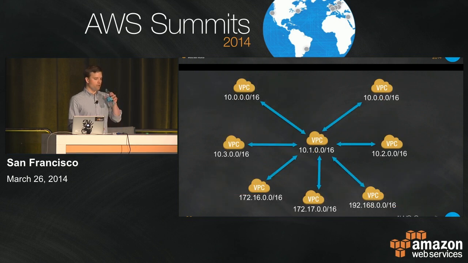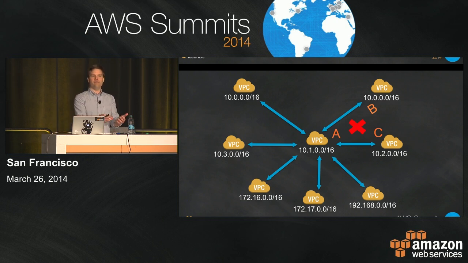So a few more rules of the road when it comes to peering. If you remember your transitive math from grade school, A equals B, and B equals C, and therefore A equals C. Well, forget it. It doesn't work here either. So here we've got A peered with B, and A peered with C. This does not mean that C can talk to B. There are no inherent transitive relationships with VPC peering.